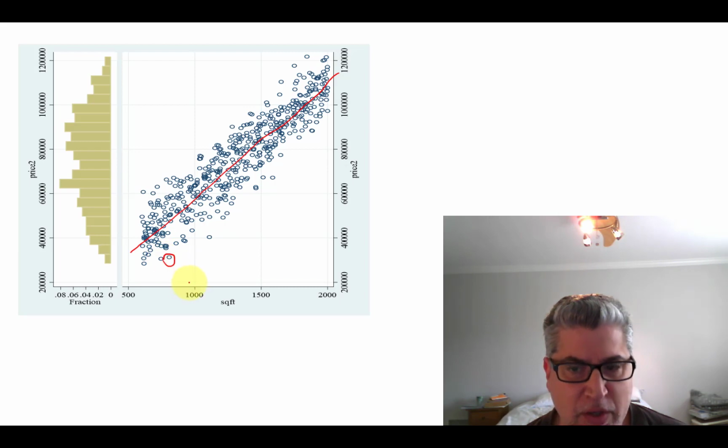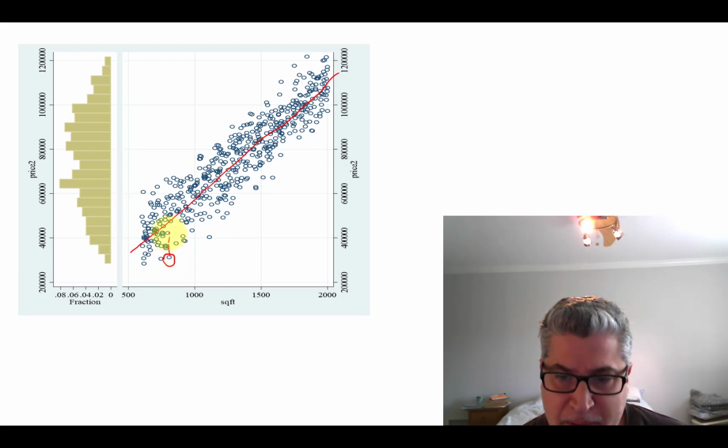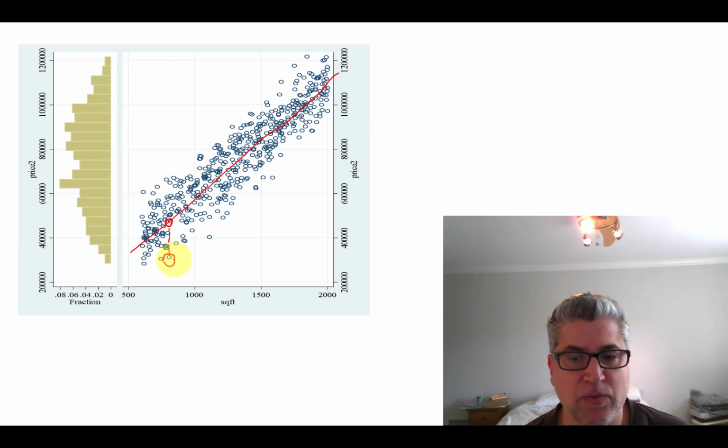I think that was one of the original ones we had used. It was a low square footage house, and now we're allowed to use square footage. So now our best guess is, low square footage, low price. We're still kind of wrong, but we're not nearly as wrong as before, when our line used to go up to 750.